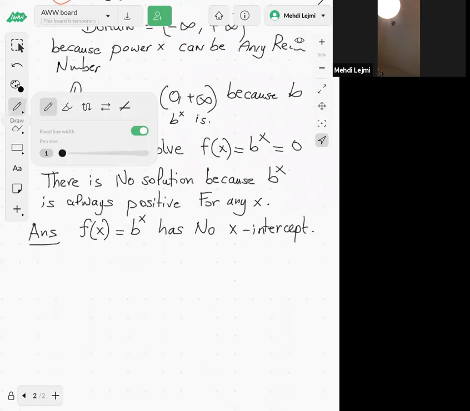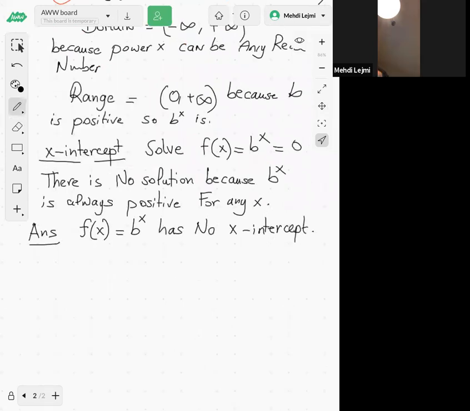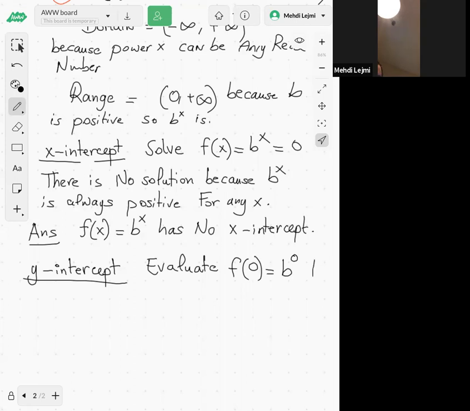So the exponential function has a y-intercept at 1.